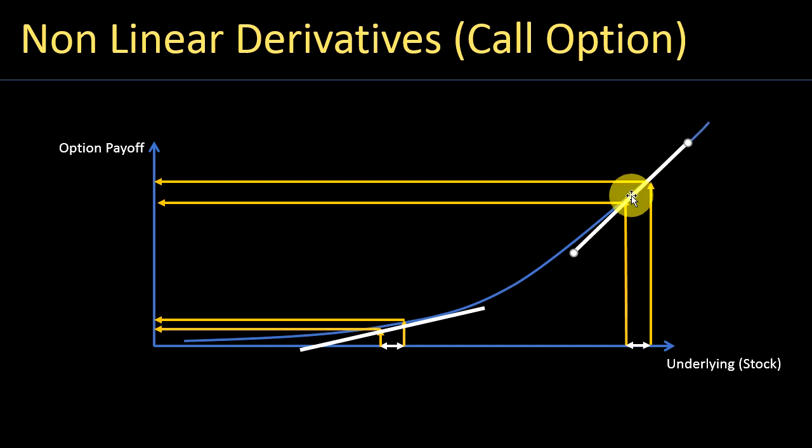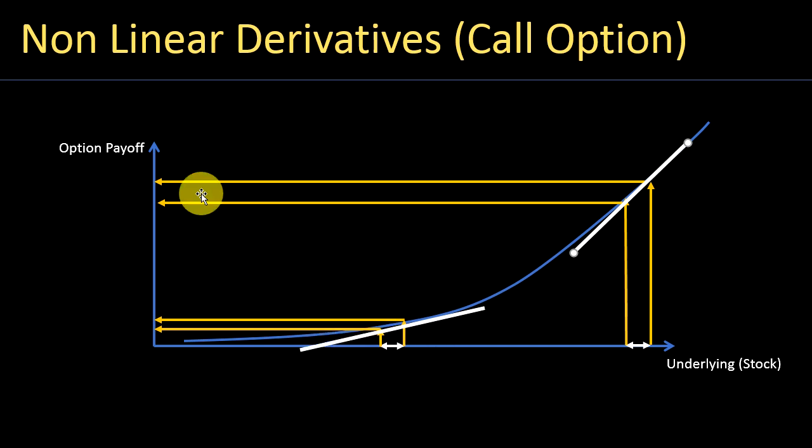And because the slopes are quite different, the change in the option value will be different. In other words, it's not proportional to the change in the underlying. So these are called nonlinear derivatives, and we'll discuss this in another video.